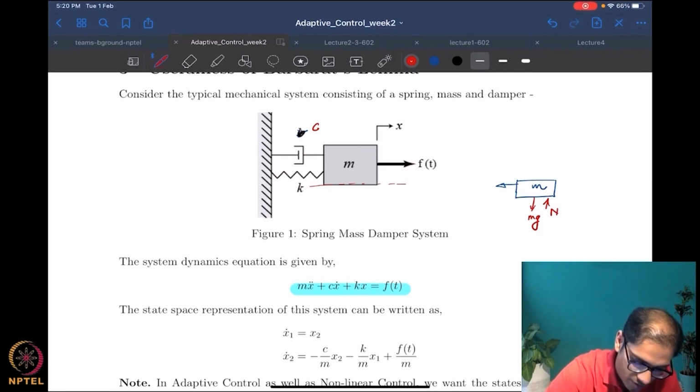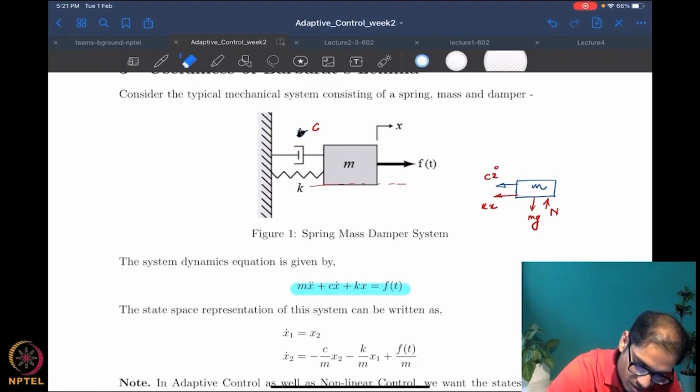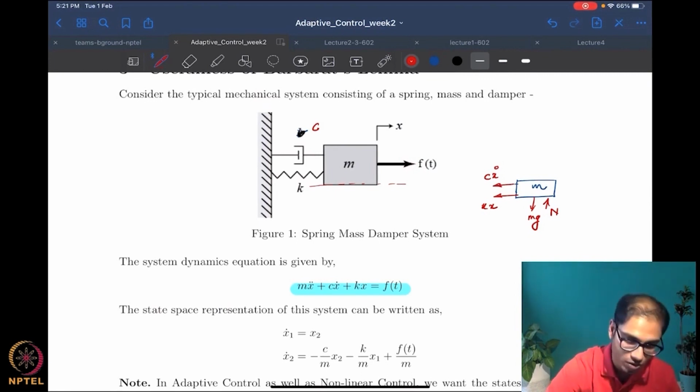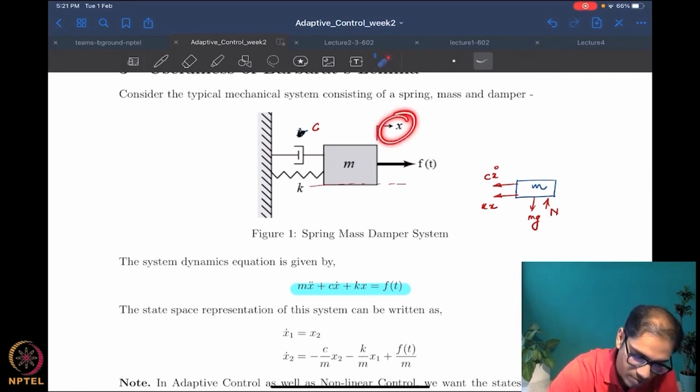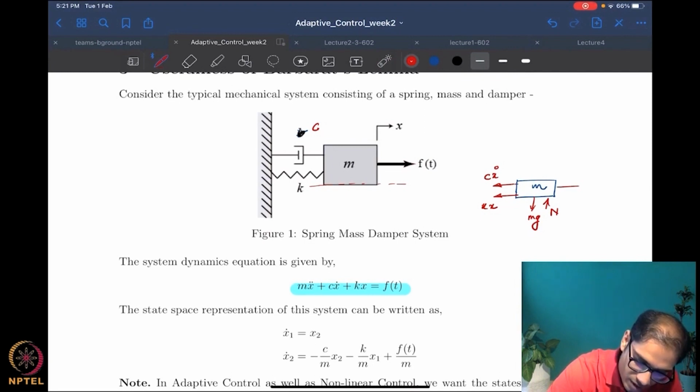So that's a normal force. And then in this direction we have the force Cx dot due to the damper, and Kx due to the spring. This x depends on the displacement. And then you of course have the user applied force F of t.